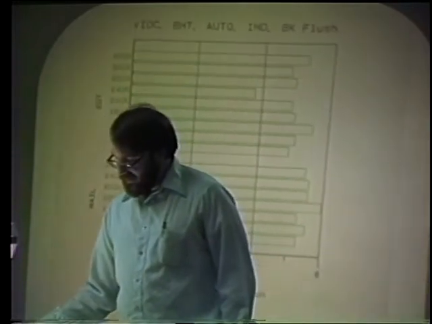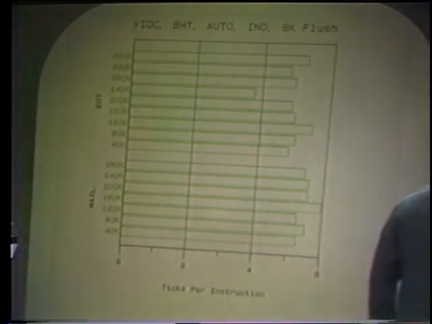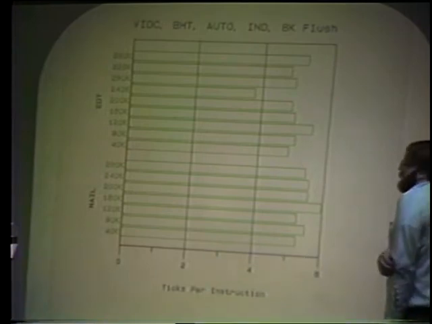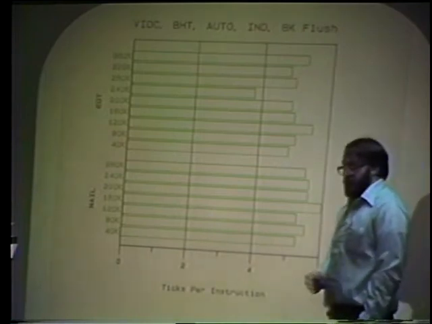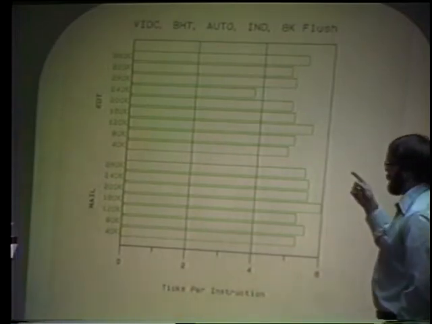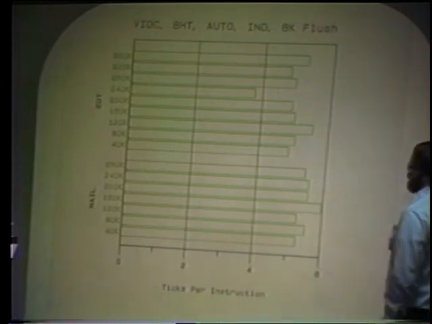Just to give you a feeling for how the performance of the traces varied, we ran the whole traces. In some cases, it took 10 or 12 hours to run some of the longer traces. And every 40,000 instructions, we measured the TPI for that particular 40,000 interval. Now remember, we don't execute all the instructions, so some number less than 40,000, probably on the order of 35,000 or so instructions, we actually execute.